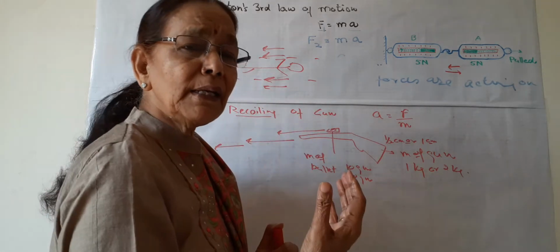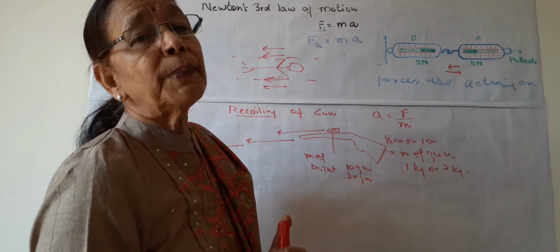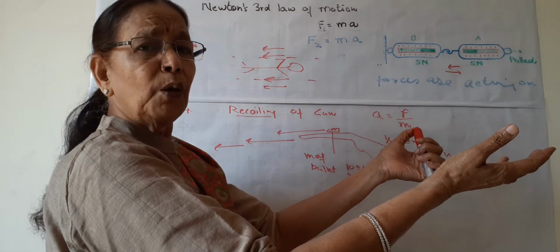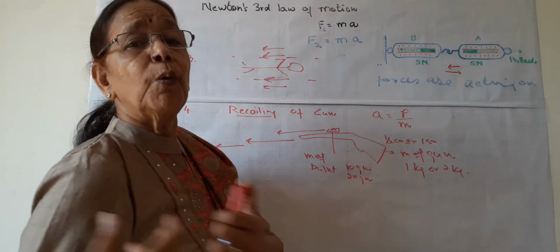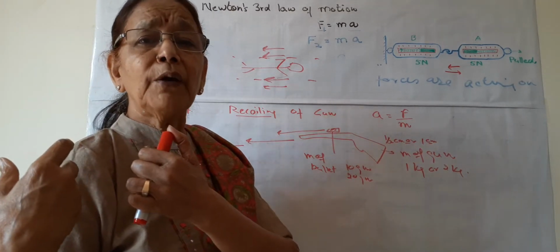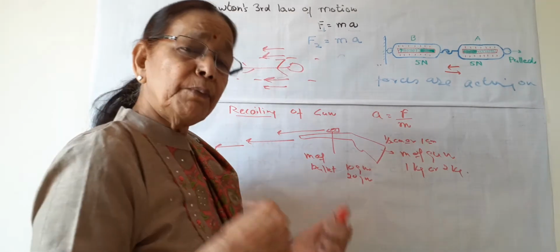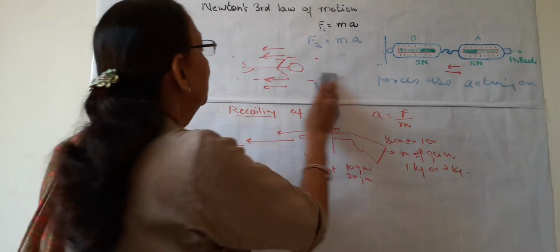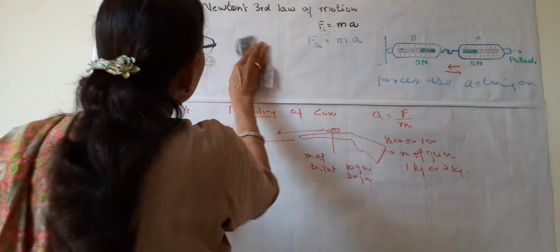There are many examples. Another example is when a sailor jumps off a boat. What happens? The boat goes in the backward direction. It is based on this principle. One more we can take, very simple.